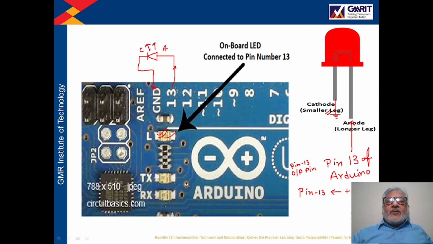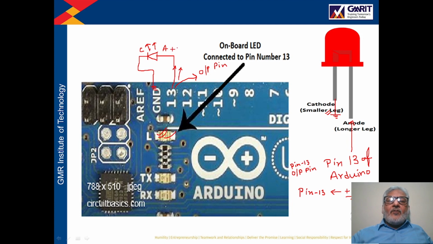Now anode is connected to pin number 13. So my pin number 13 should generate a voltage to make this LED forward biased or reverse biased. So this pin number 13 must be your output pin, right? So now if plus 5 volt is generated from pin number 13, what will happen?